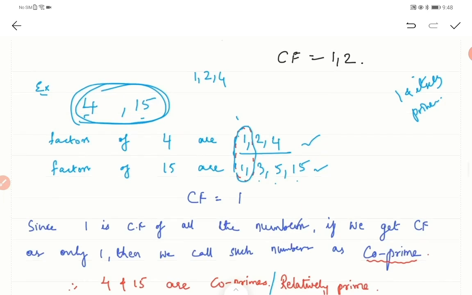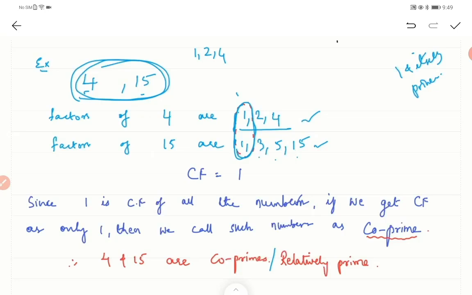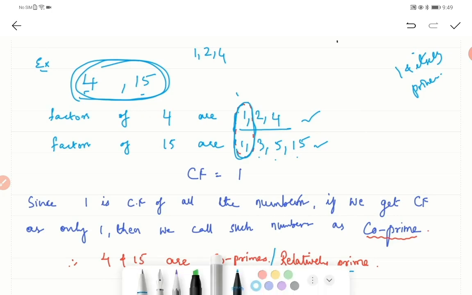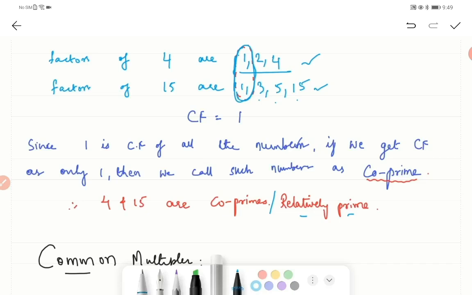Co means together. They have only 1 as the common factor between them, so you call them co-prime or relatively prime. In exercise problems, or in our online Zoom meeting, inshallah we will do many examples and find many co-primes.